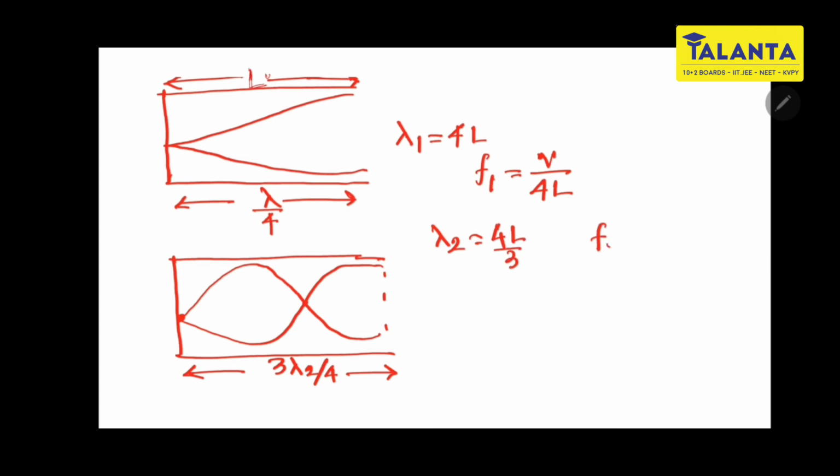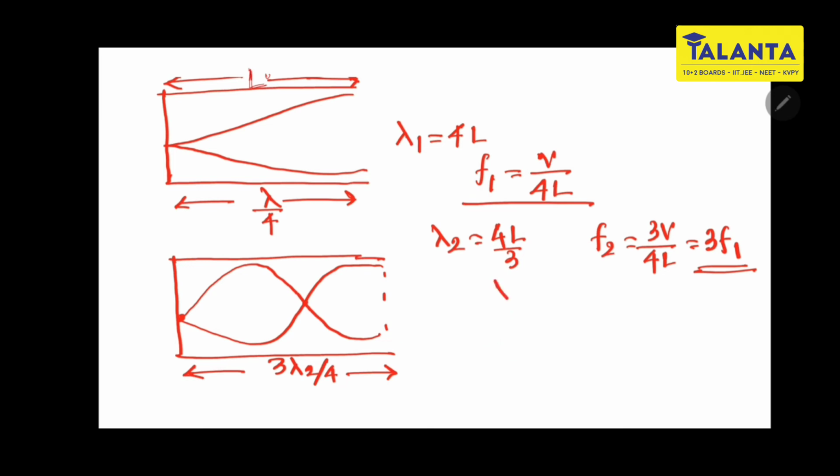That means F2 equals 3V by 4L, that equals 3F1, thrice the fundamental frequency. This is known as third harmonic or first overtone. That means in case of closed pipe, the fundamental frequency is V by 4L and the first overtone is 3F1. Second overtone is 5 times the fundamental frequency.